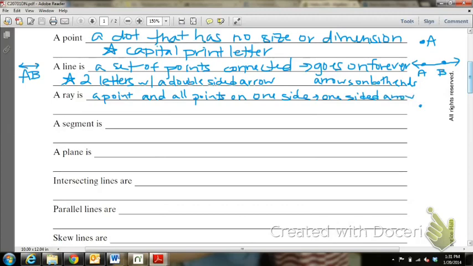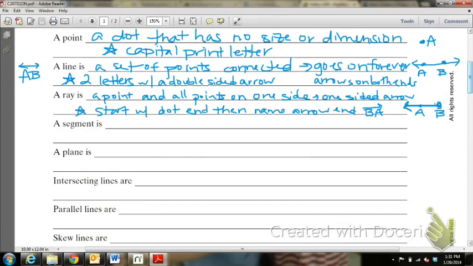So if I had A and B, and it went this way, I would start with the dot end, then name the arrow end. Because you always want to name it in the way that it's drawn. So this starts at B and then goes to A. So I would say B, A, and I would draw my arrow going from the B to the A, because that's the way it showed up in the picture.